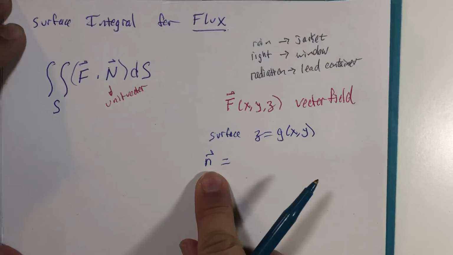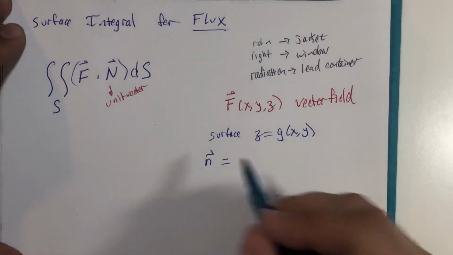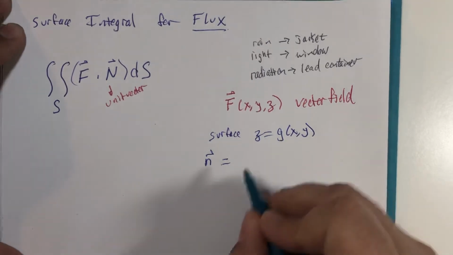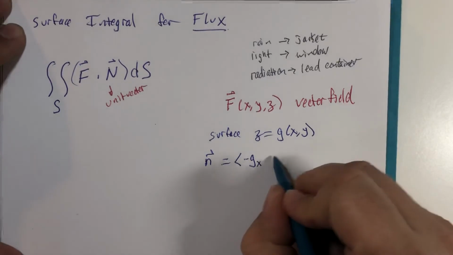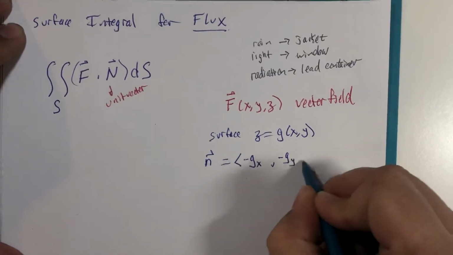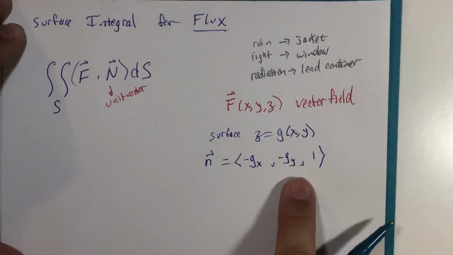Now, some books and some instructors might reverse the letter roles here. I'll show you why I use this momentarily. And one possible notation for this, again, this is from a previous segment, is to write it this way.